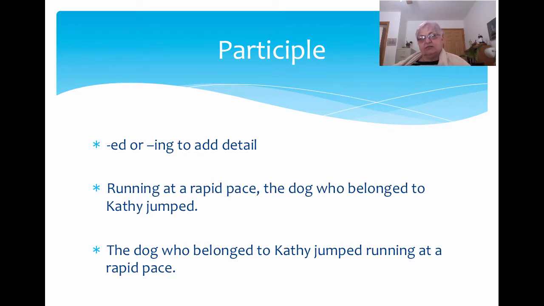I'm sticking something at the end, so I'm not going to have any comma here. But running at a rapid pace is what we call a dangling modifier, a misplaced modifier, so we really should put it closer to the dog. Okay.